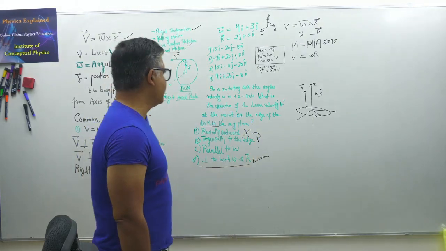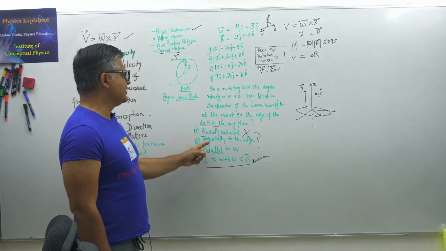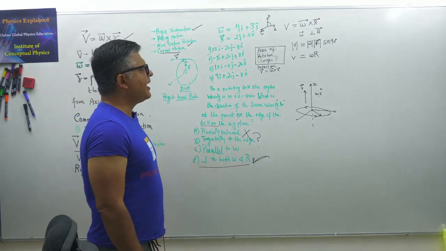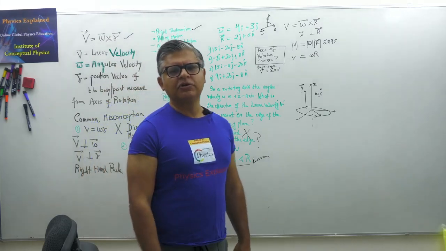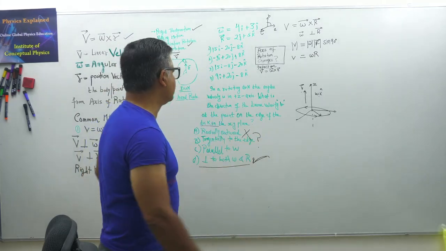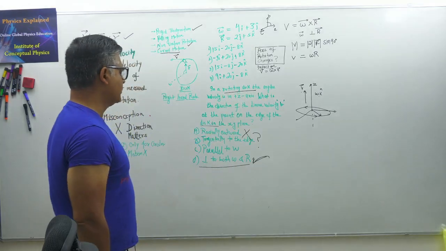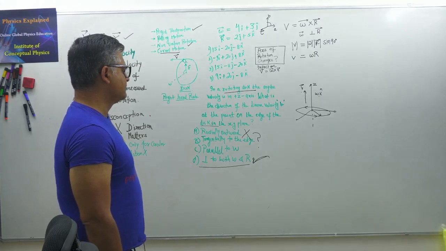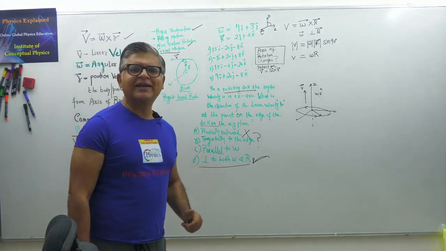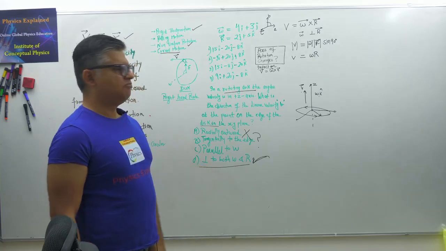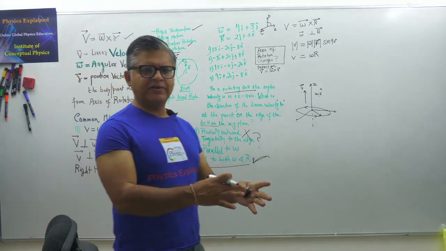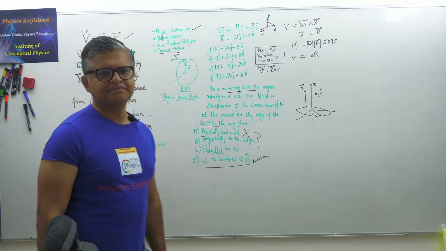Though I don't deny that it is tangential to the edge in a circular motion, this is not a uniform circular motion. This is more of a disk. So I think the closest we can get to is D. We are very certain about it, right? So we give the answer as D.